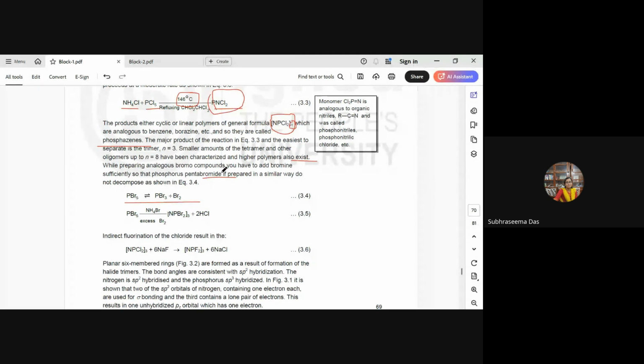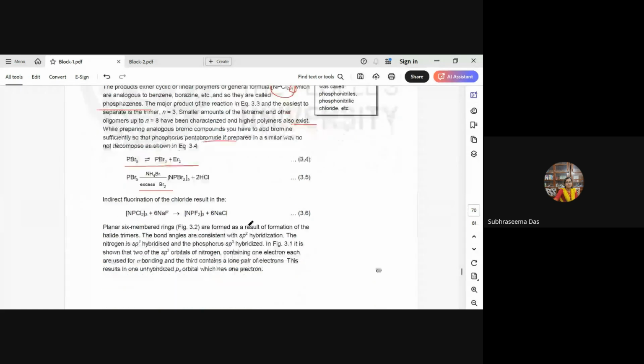So to prepare the bromo analogue, PBr5 is reacted with NH4Br in excess of bromine. Indirect fluorination of the chloride results in compounds like (NPF2)3.